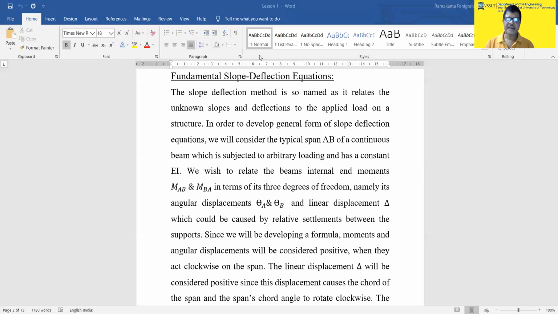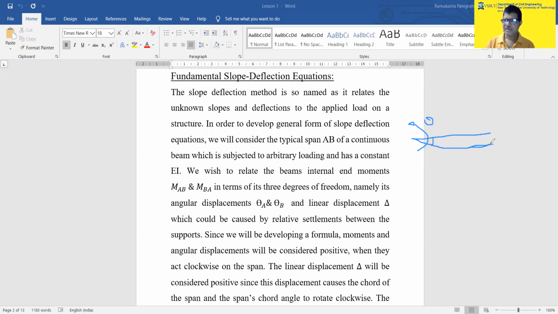So let us draw the diagram so that it will be easy. If you take a beam like this, now it will deflect this way. Suppose one support deflects with respect to the other. So now you have the relation: there will be theta here, and here also there will be theta.